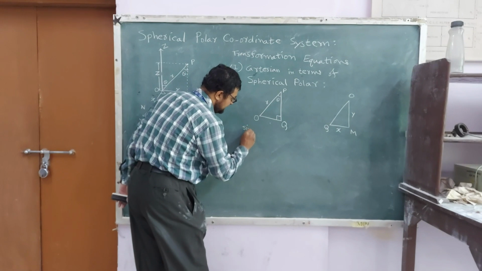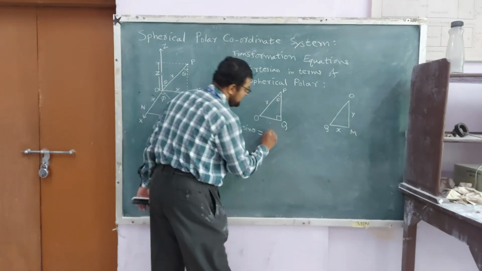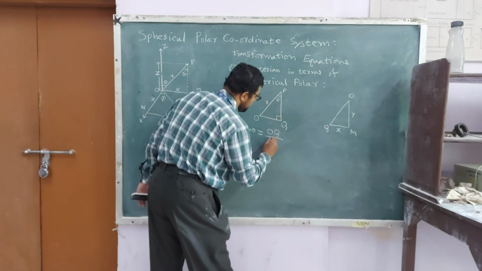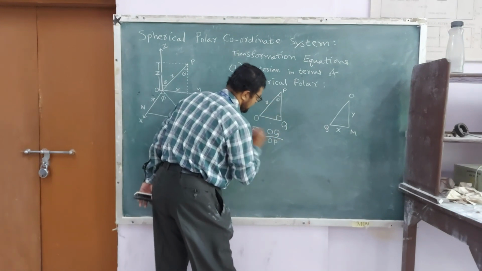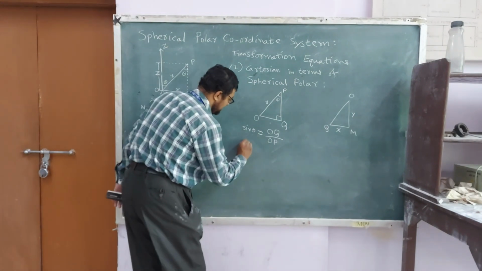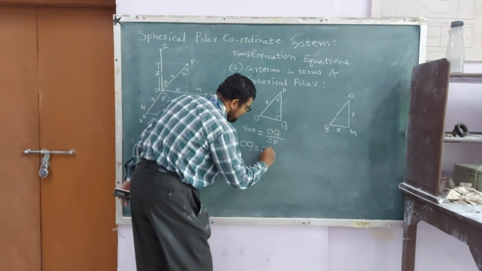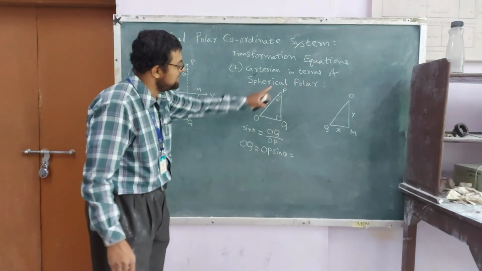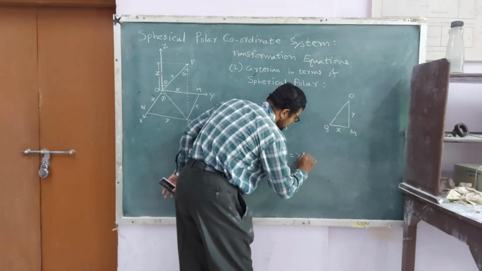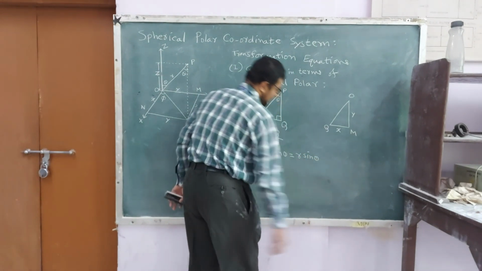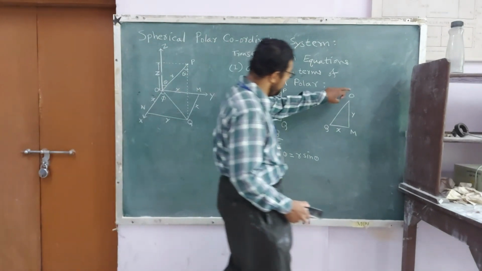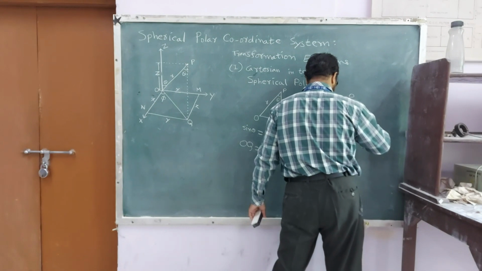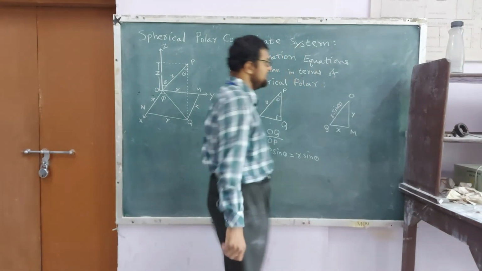So if I consider sine theta, it will be opposite, that is OQ, divided by the hypotenuse, which is OP. Therefore our OQ is nothing but OP into sine of theta. OP is nothing but R, so I will write this as R into sine of theta. So this distance OQ is nothing but R sine theta.